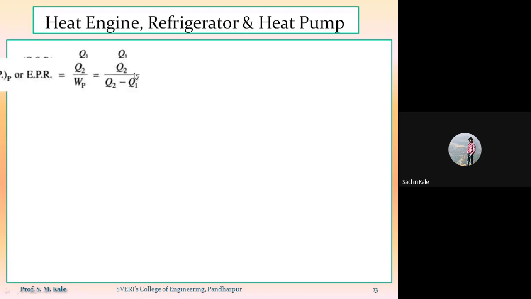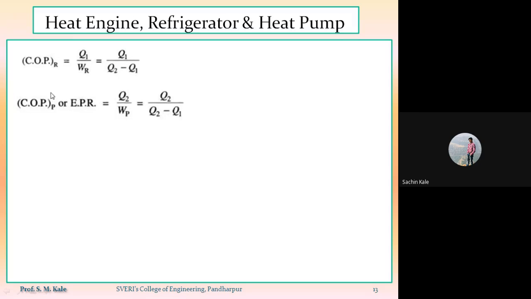And COP of heat pump, also called the energy performance ratio, is given by Q2 divided by work done on the pump, which is Q2 minus Q1. Here Q2 is the amount of heat rejected and Q1 is the amount of heat absorbed.